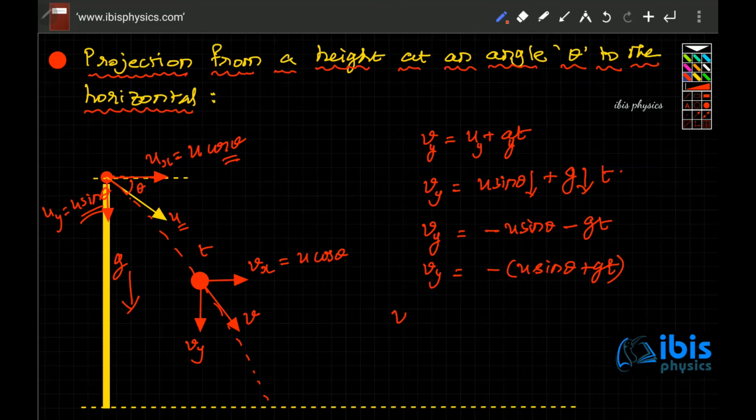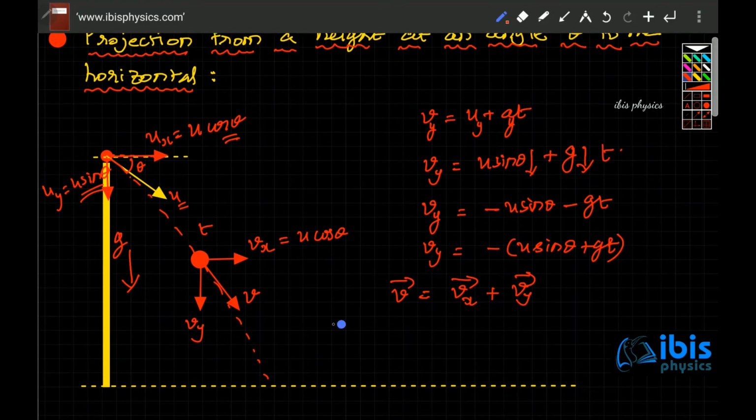Then the v vector is the vx vector plus the vy vector, which implies the v vector is vx, which is u cos theta in the i cap direction, plus vy, which is minus of u sin theta plus gt.